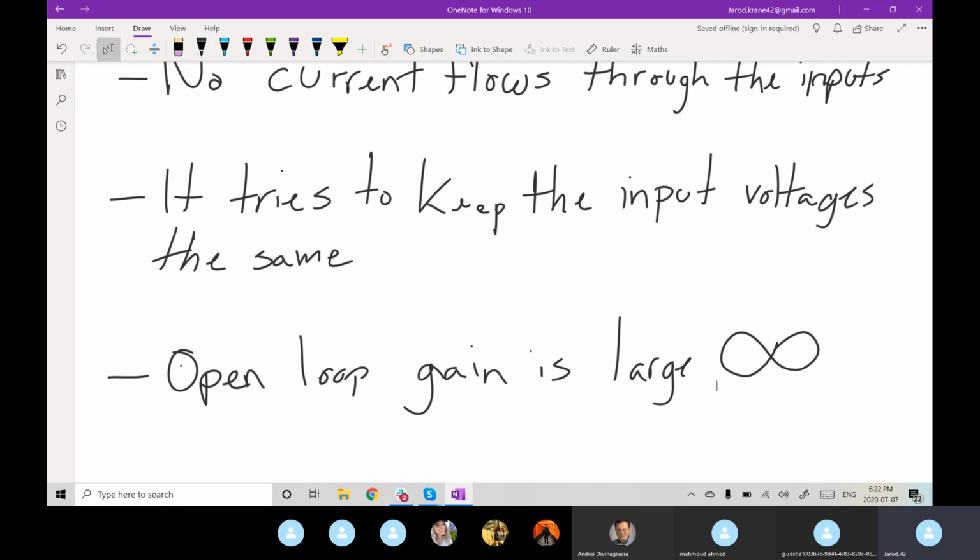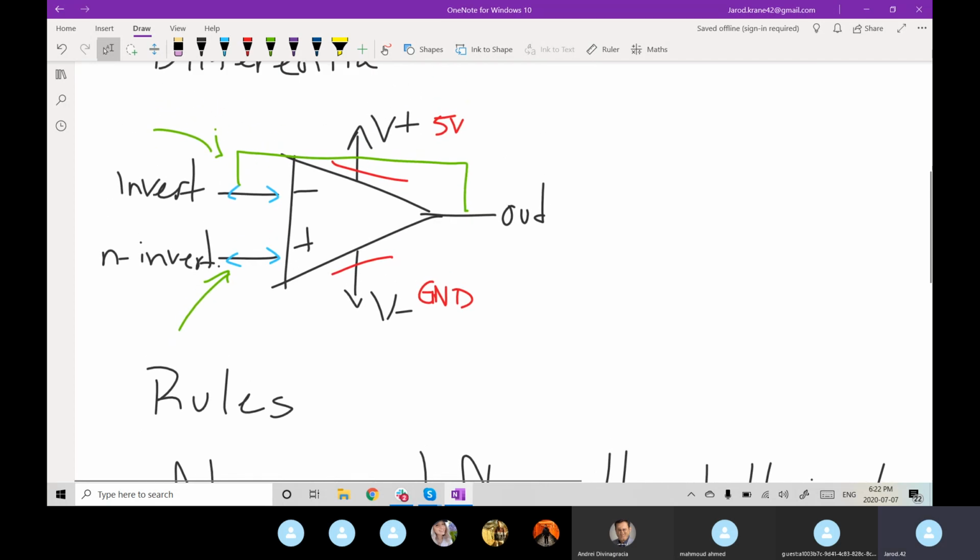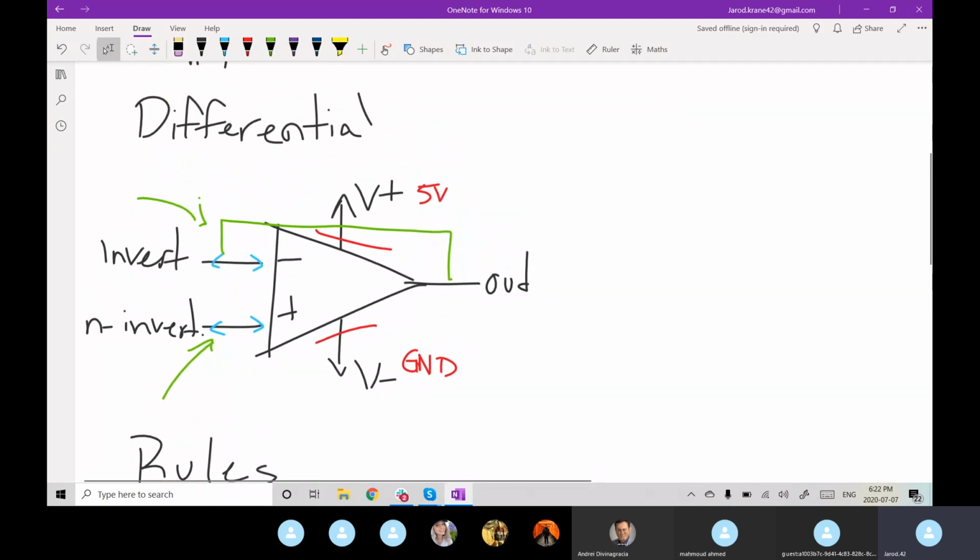So that is, when we don't have a system of feedback, we don't have this tying back to us. Since we're not able to influence what's happening on our inverting pin if we're applying something to our non-inverting pin, it has basically an infinitely large gain, and will tie itself either high or low, which is the functional premise of a comparator.